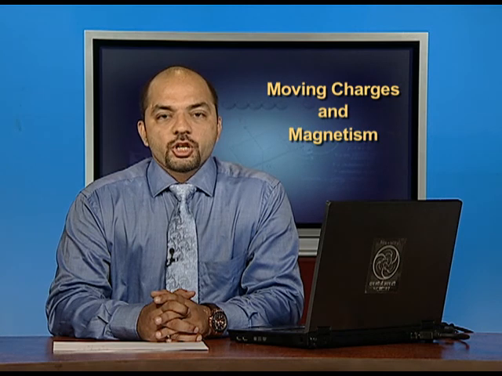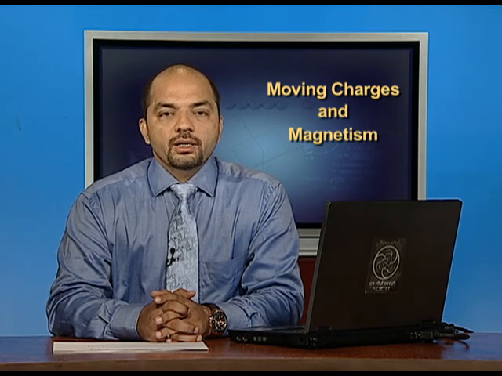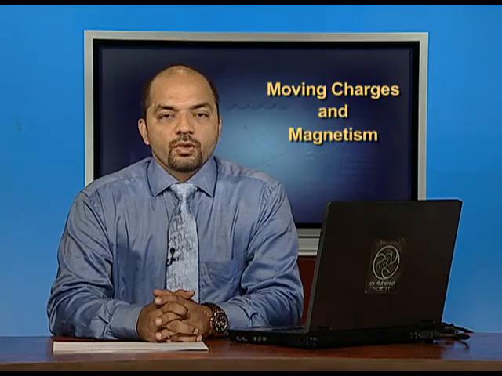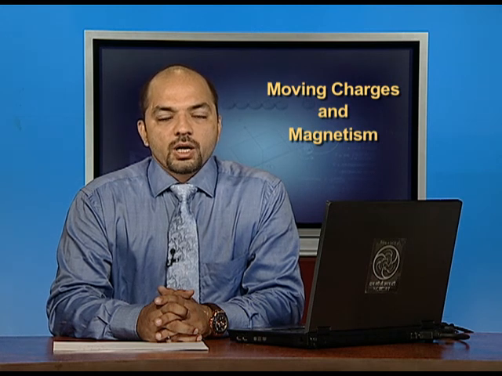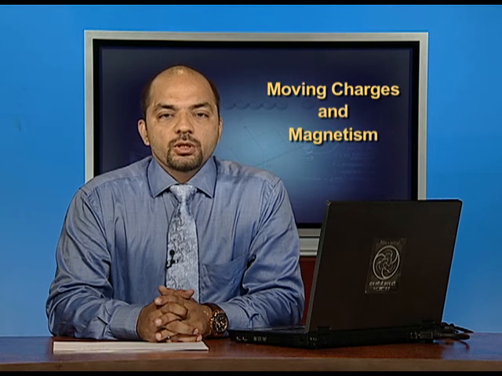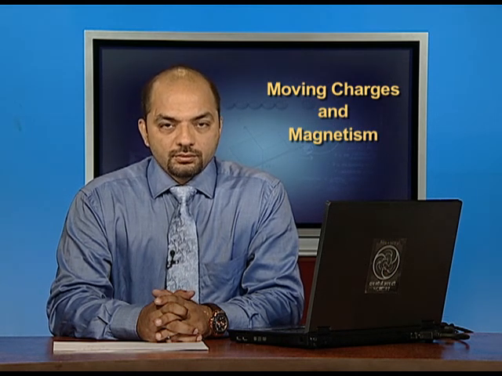Force on a charged particle while passing through a magnetic field. When a charged particle Q passes through a magnetic field B, it experiences some force. The formula of the force F is obtained using the following parameters. The force is directly proportional to the charge, directly proportional to the velocity, and directly proportional to the magnetic field with the angle sin theta.